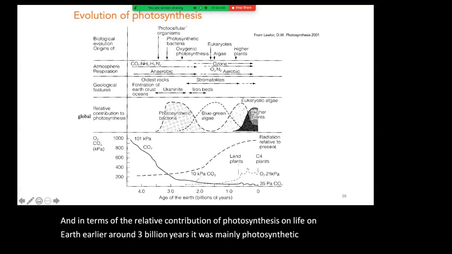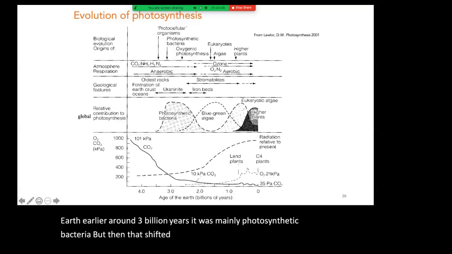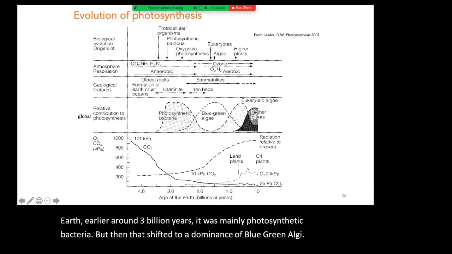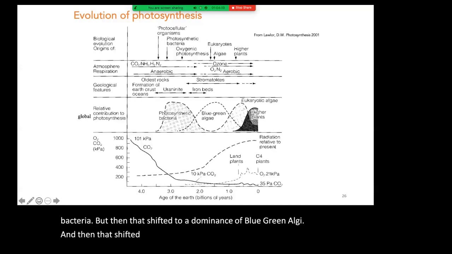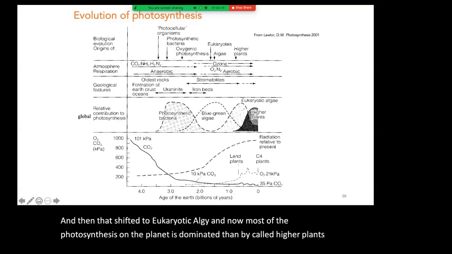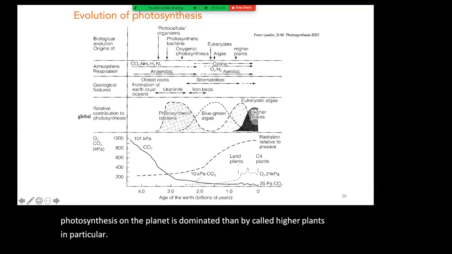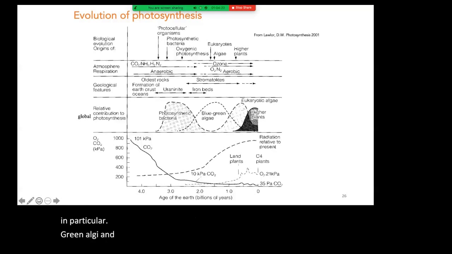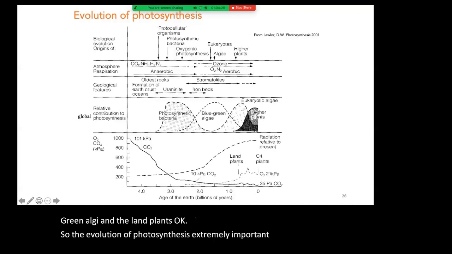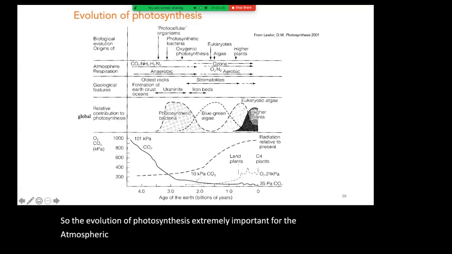Then that shifted to a dominance of blue-green algae, then to eukaryotic algae, and now most of the photosynthesis on the planet is dominated by what we call the higher plants, in particular green algae and the land plants, okay? So the evolution of photosynthesis is extremely important for the atmospheric chemistry of life on Earth.